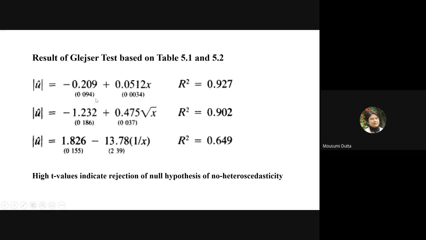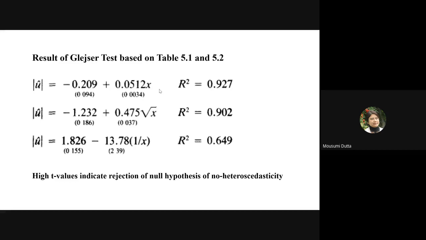If a single model shows heteroscedasticity, you have to select that one. Okay, heteroscedasticity is there and this kind of relationship is there between the residual and x. If more models show heteroscedasticity, in that case, check goodness of fit to select the final form of relationship between the residual and x.